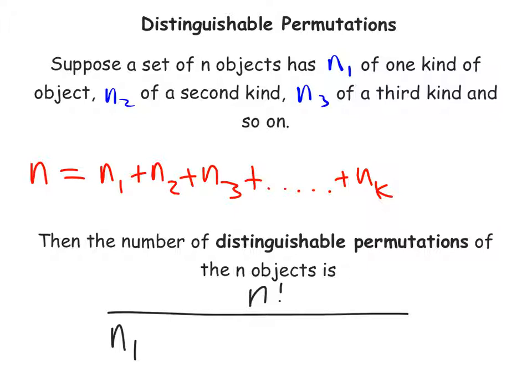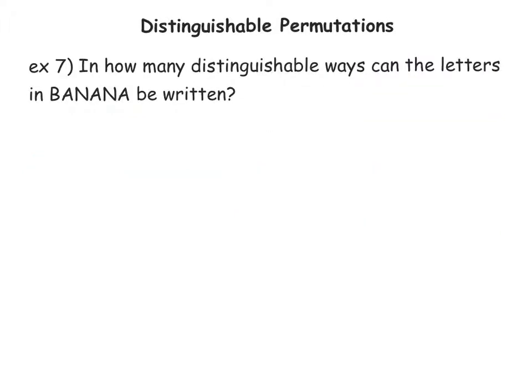However many ways that could occur, take the factorial of that, times n sub 2, n sub 3, the number of different objects that you can't distinguish from each other, you may not be able to tell, all the way up to n sub k. Okay? That, who knows how many times you'll have that on the bottom. That's how many objects that you have that you can't tell apart. That formula is definitely going to need an example.